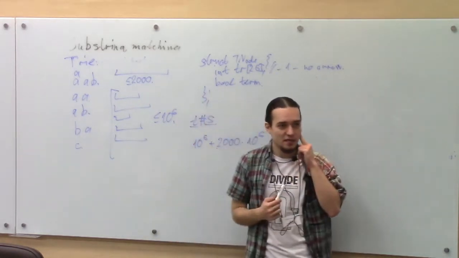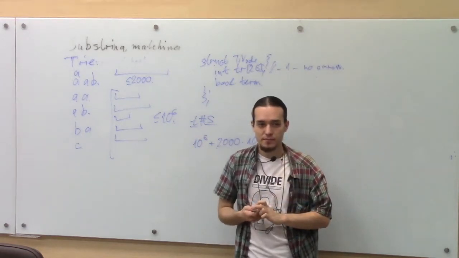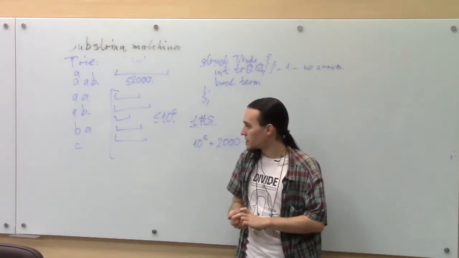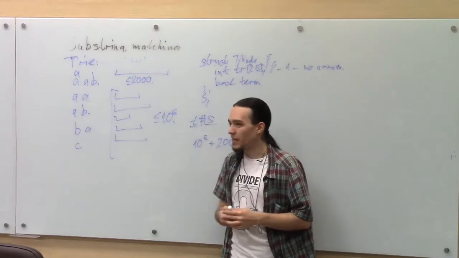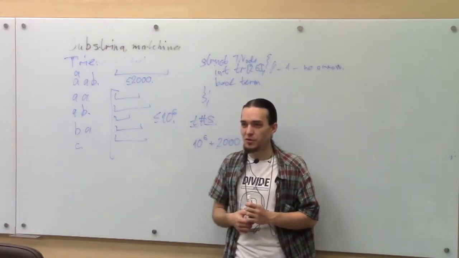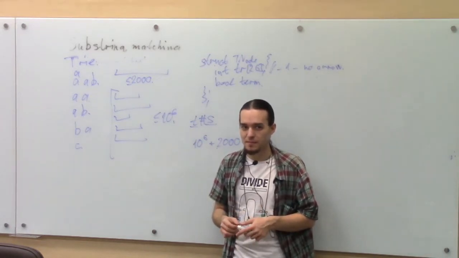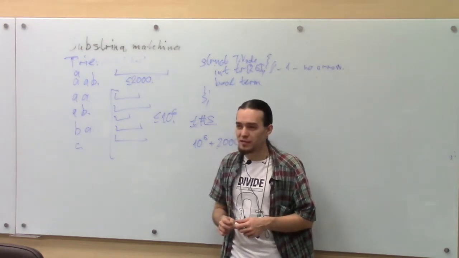So, any ideas how we do that? So, okay, we know that if we have a dictionary, for example, then we can use a trie to search words there very fast. Okay? Can we reduce our problem to the dictionary one?